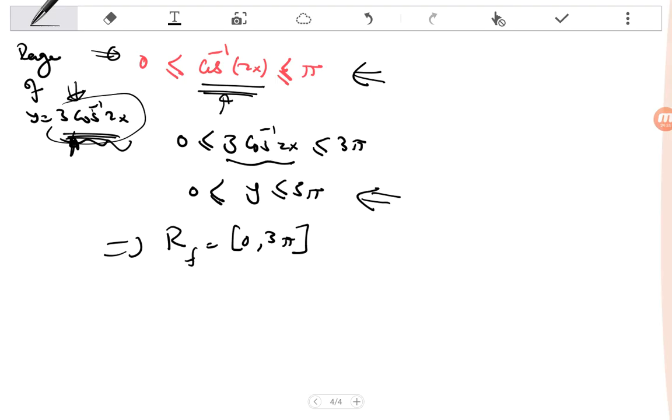So we learned that the cosine inverse, is it an even function or an odd function? Cosine inverse is a general function. So would I say that cosine inverse of minus alpha would be cosine inverse alpha, or minus cosine inverse alpha, or neither of these two?